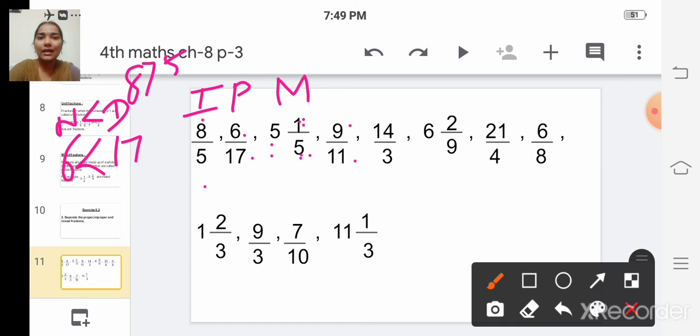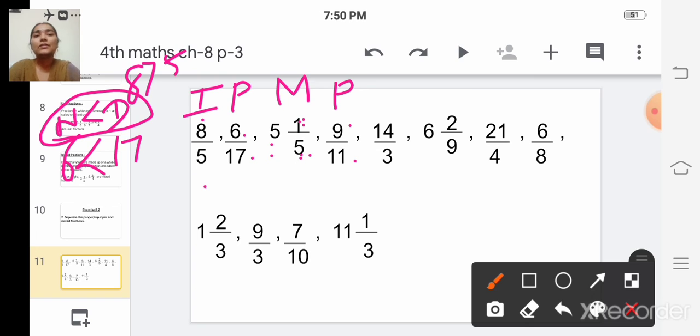Here numerator is less than denominator, isn't it? 9 is less than 11. So it is a proper fraction, because numerator is less than the denominator.